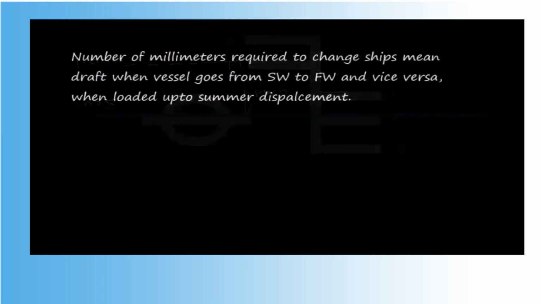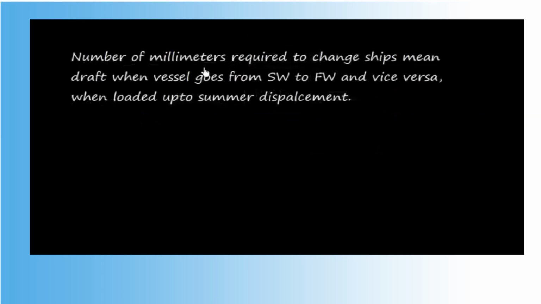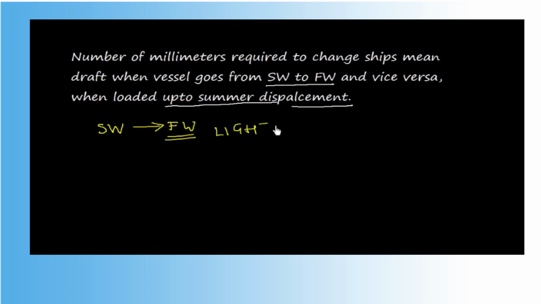Now let us define freshwater allowance. It is the number of millimeters required to change a ship's mean draft when a vessel goes from salt water to fresh water and vice versa when loaded up to the summer displacement, and that is pretty important. First, let us understand what happens when we go from salt water to fresh water. Fresh water is much lighter, less dense, so it doesn't support as much.